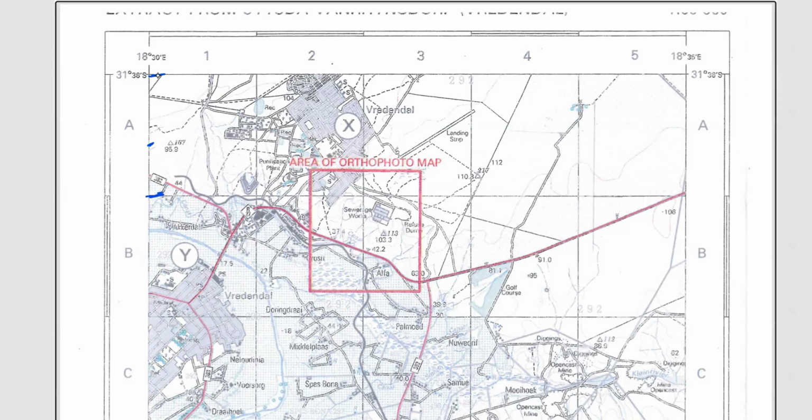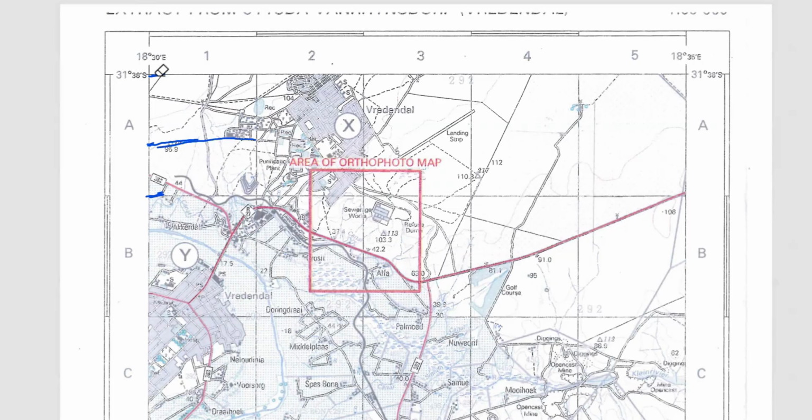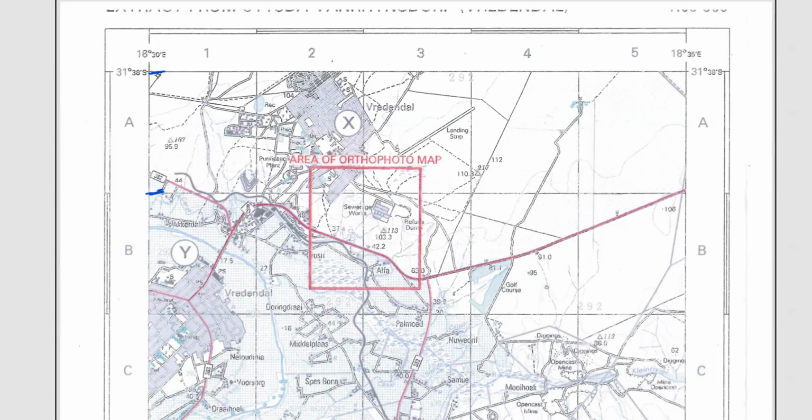If we draw a horizontal line along that point, that will give us the 30. We are estimating. If we draw a horizontal line around the midpoint of that block, that gives us 30 minutes of latitude.